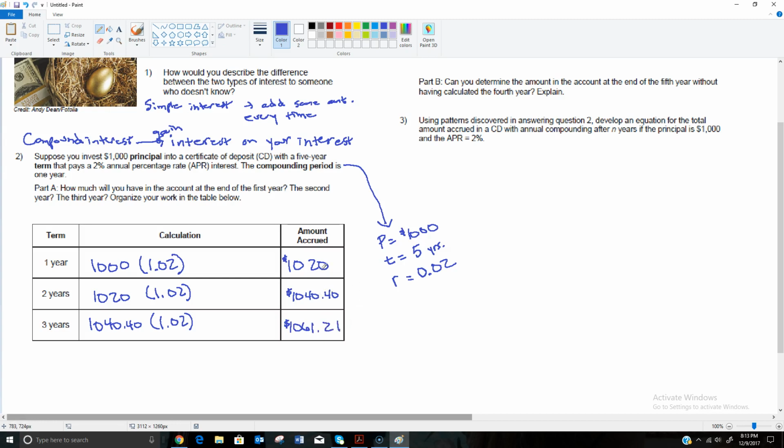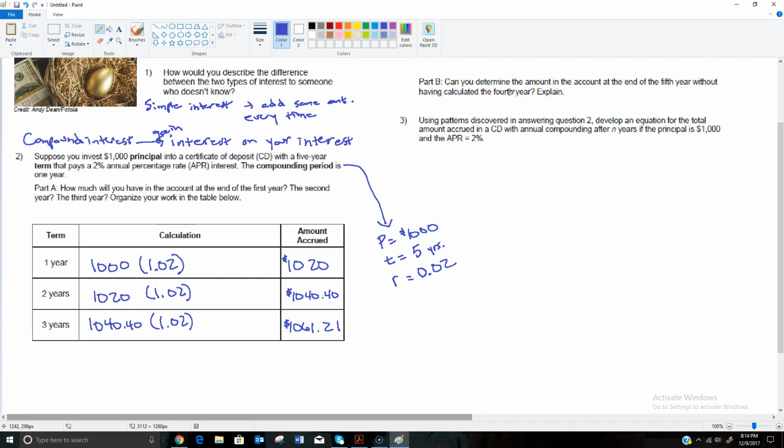So now, instead of just adding $20, we've added on $20.81. So here it was $20.40, now it's $20.81, and we just continue like that. So each time you add just a little bit more than the time you did before.